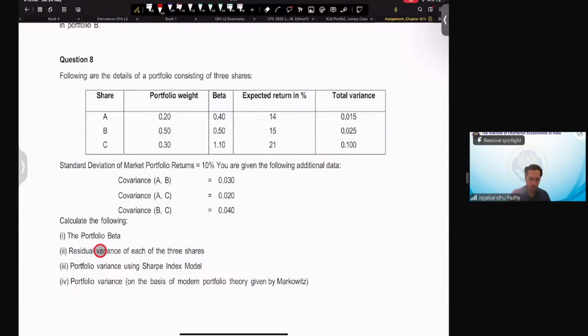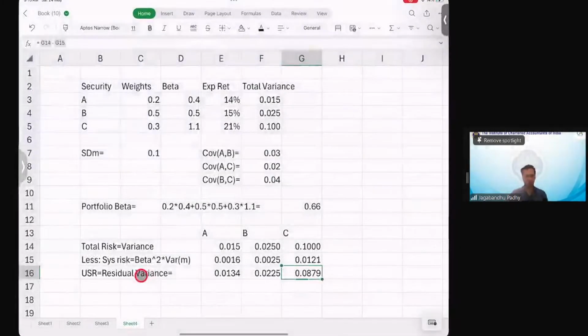Then portfolio variance using the Sharpe index model and portfolio variance using modern portfolio theory, given by Markowitz. Now, portfolio variance using the Sharpe index model.